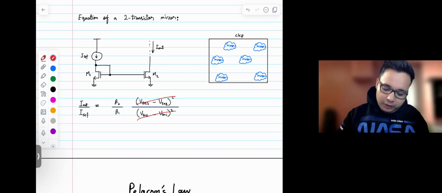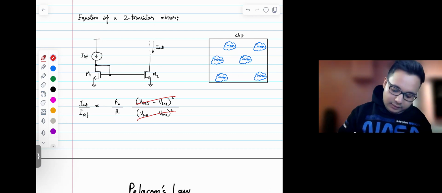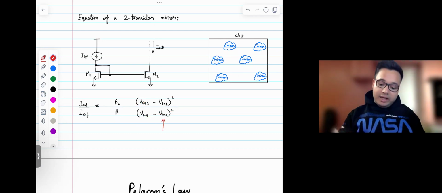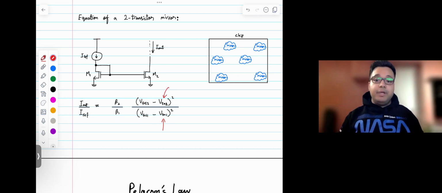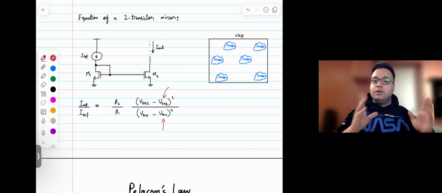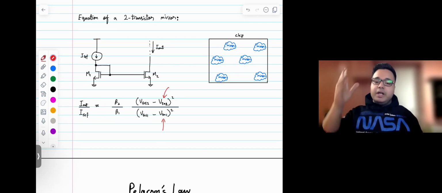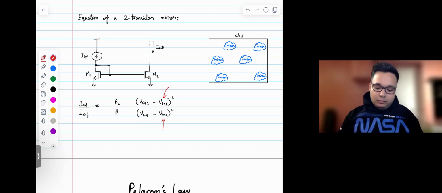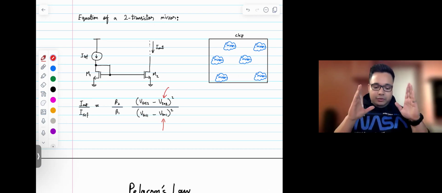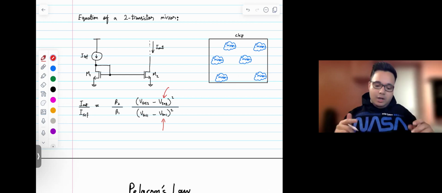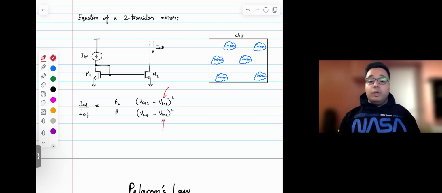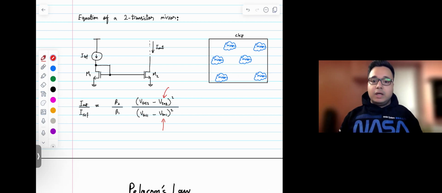But now we are saying that VTN1 and VTN2 may not be equal, because there is a variation. Just like we said, if you have multiple transistors, even identical ones, they'll have some sort of variation in threshold voltage. So chances are when you fabricate this current mirror, M1 and M2 might have different threshold voltages.